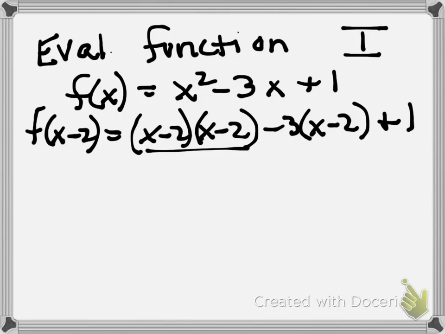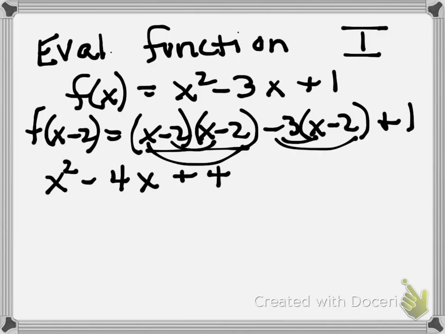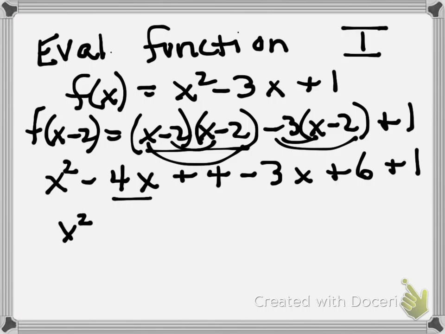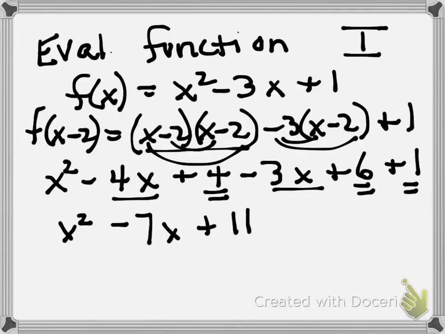So you're getting x squared, a -2x and a -2x is -4x plus 4, minus 3x plus 6 plus 1. In standard form, it's x squared minus 7x and 4 and 6 and 1 is plus 11.